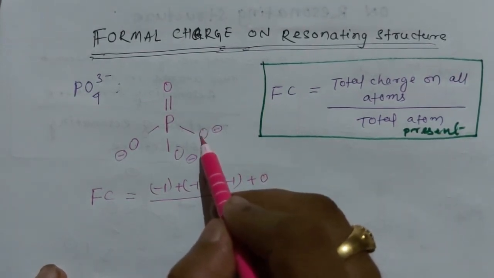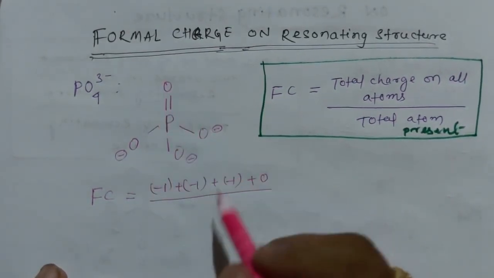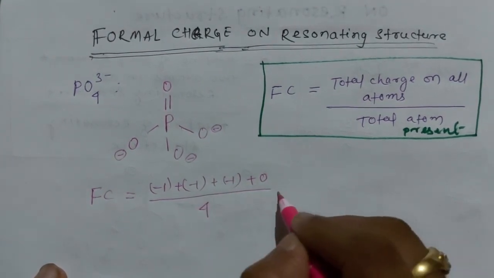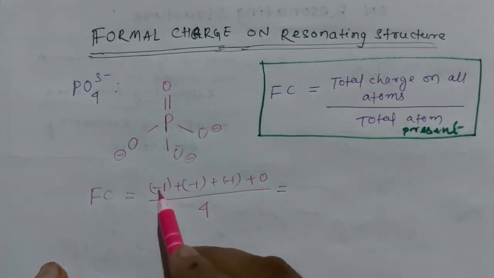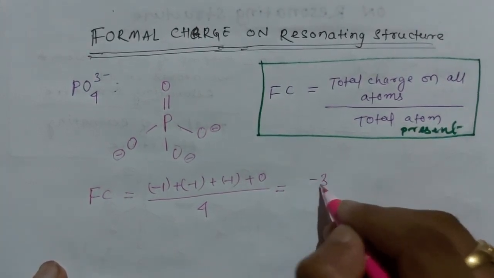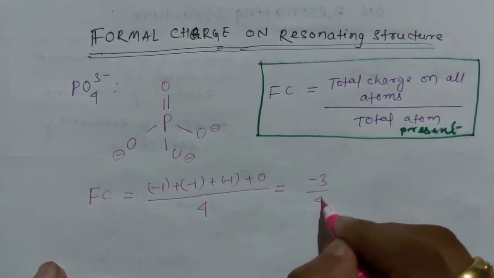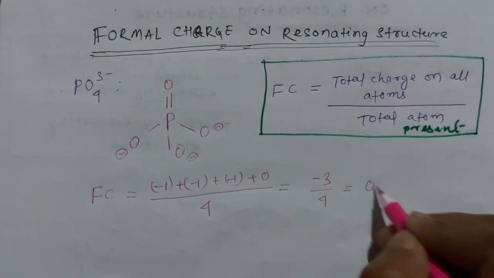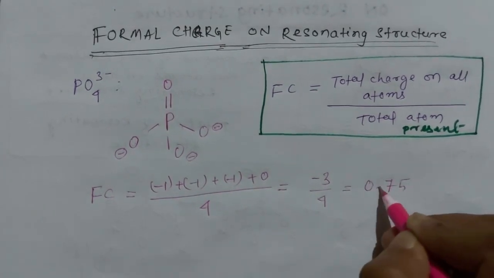Oxygen 1, 2, 3, 4, so 4 oxygens are there, therefore divided by 4. So the total is -1 plus -1 plus -1, that is -3, divided by 4. So we will get the value 0.75.